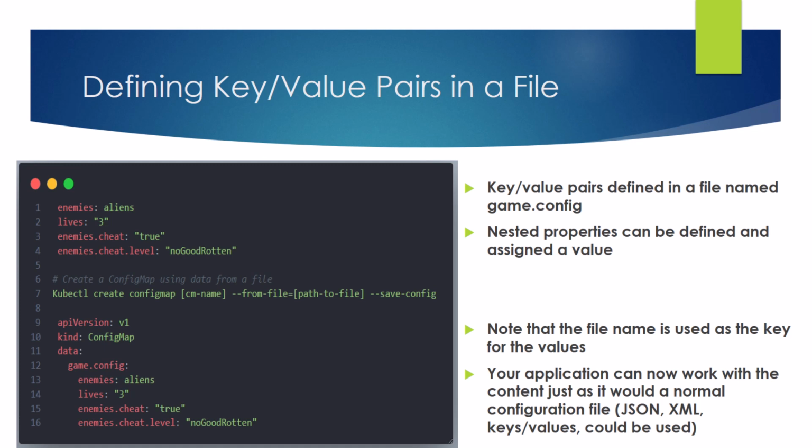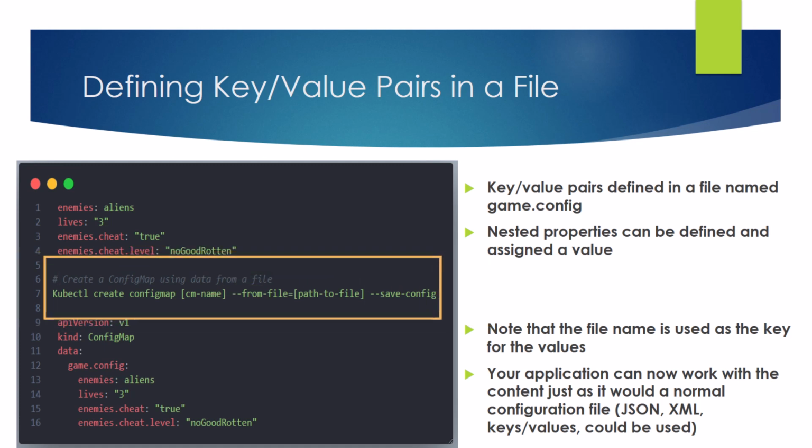Now that would look like the following. We would say kubectl create, we would say config map, and then from here we can give it the name, and then the important part of this is the --from-file, and then we can give it the path to, in this case, game.config.